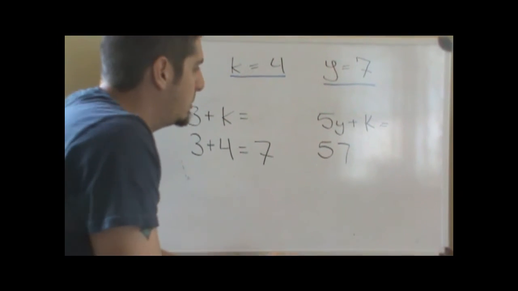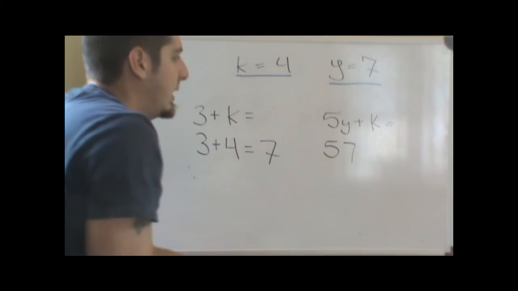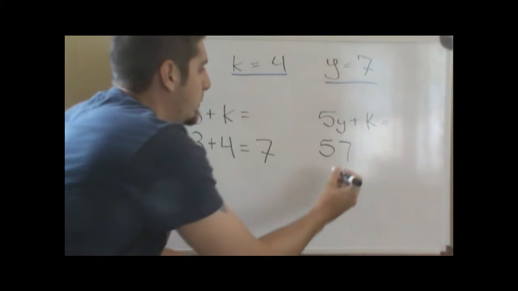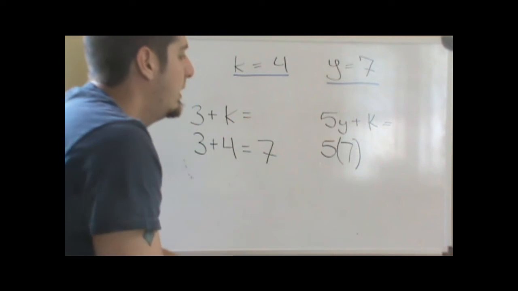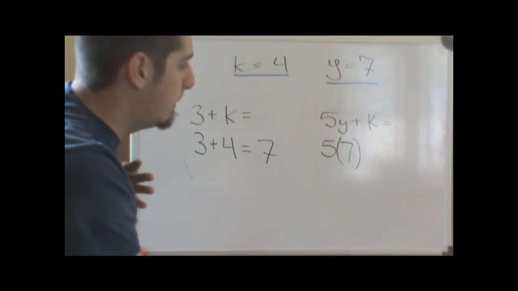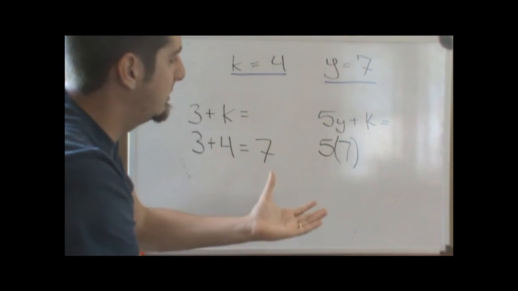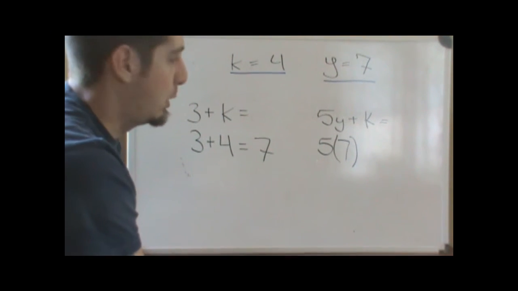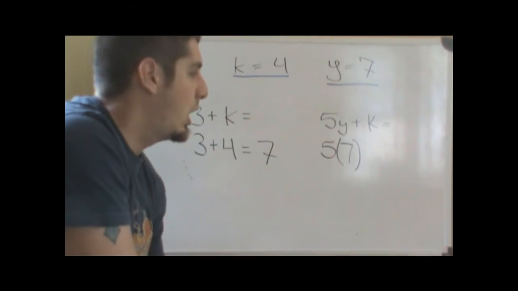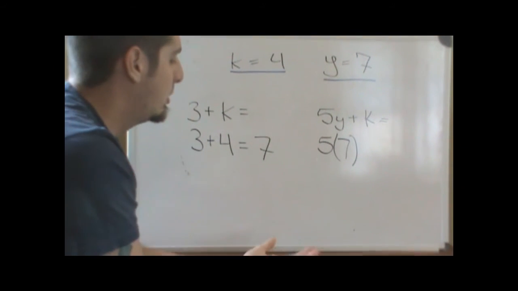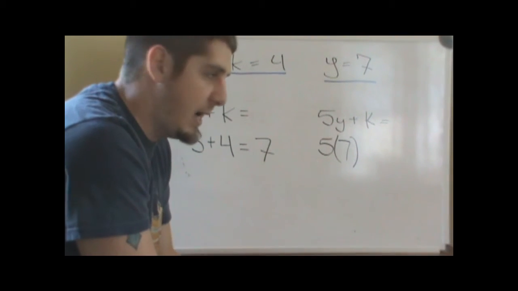What we typically do in math when we see something like this and we're replacing that y with the 7 is put that 7 in parentheses. It's very important to remember when a number is next to parentheses, it means multiply. This is probably the most common or the second most common way of showing multiplication in mathematics.